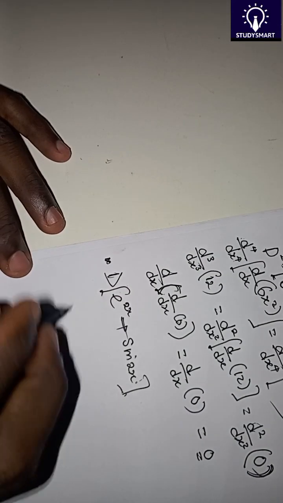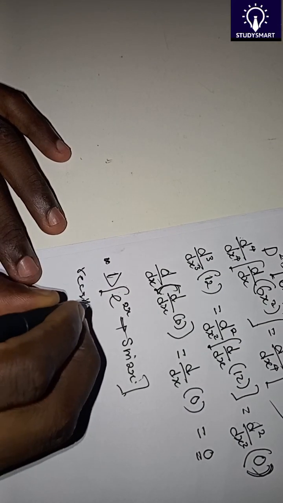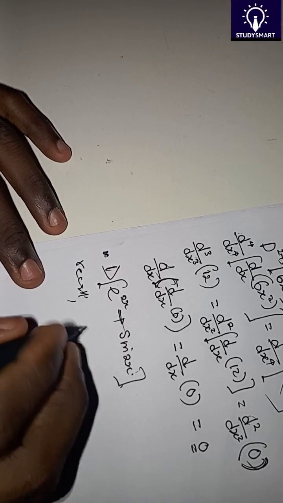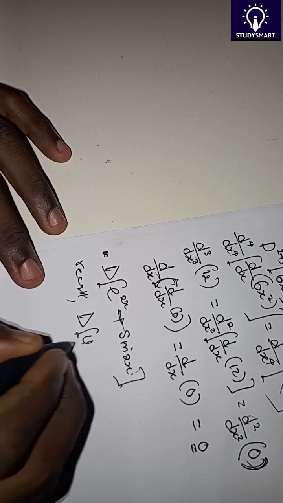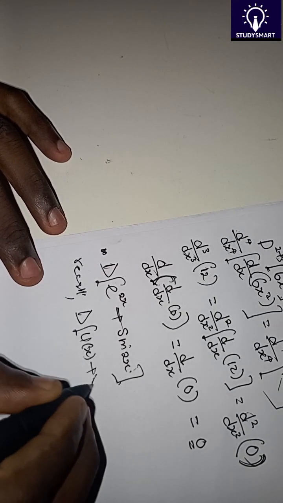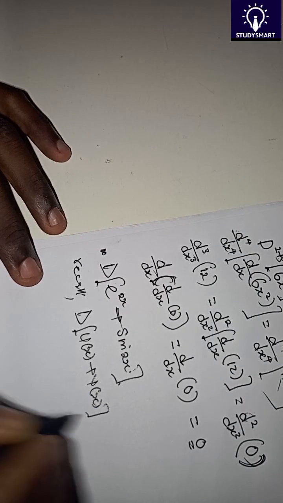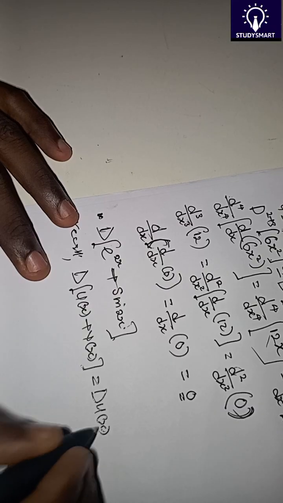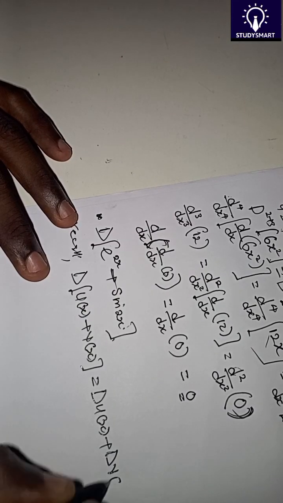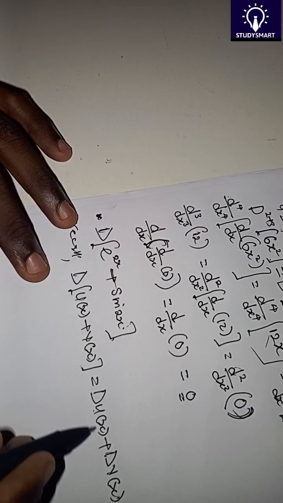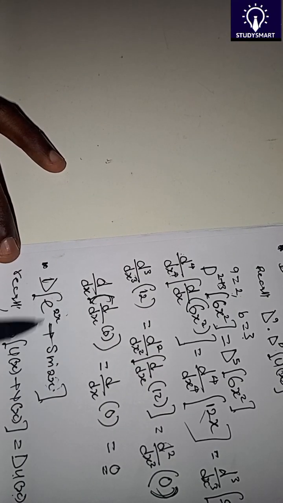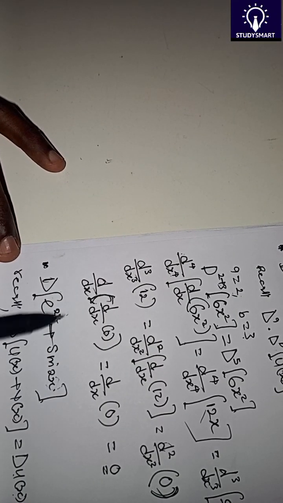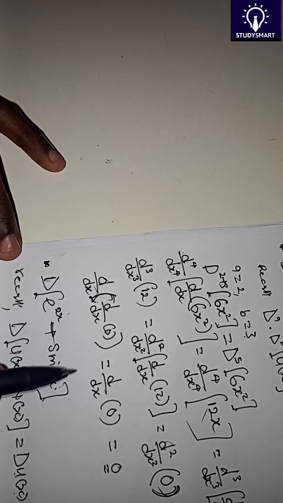So considering the third property, I can just say here, recall that d into u of x plus v of x, right, is same thing as having d u of x plus d v of x, right? So where my u of x and v of x is this and this, right? So this first function here becomes my u of x, and sine 2x here becomes my v of x.